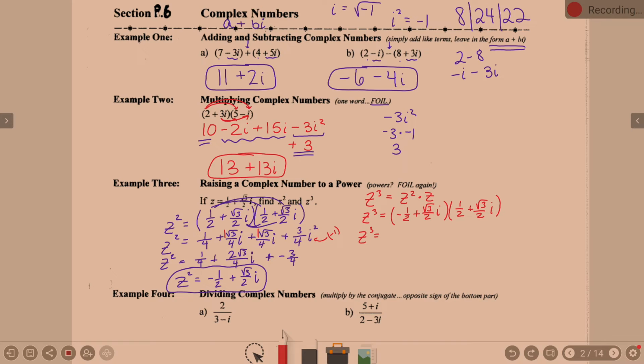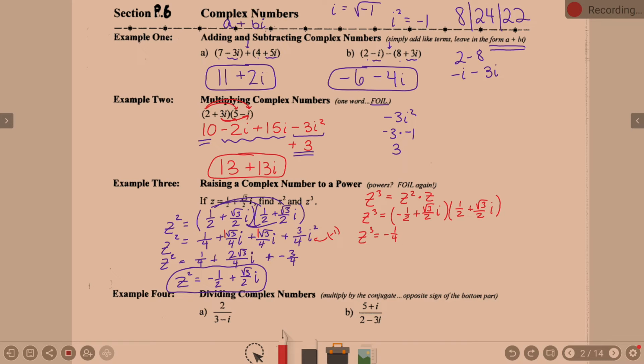Negative 1/2 times positive 1/2 is negative 1/4. Negative 1/2 times square root of 3 over 2 i.